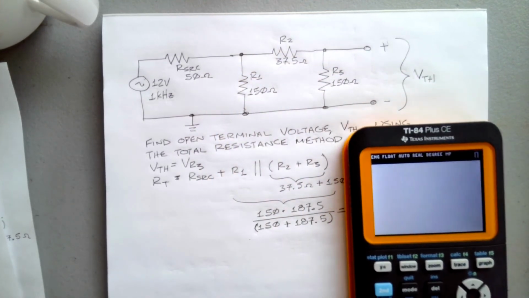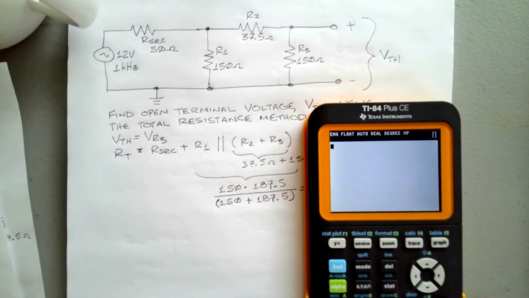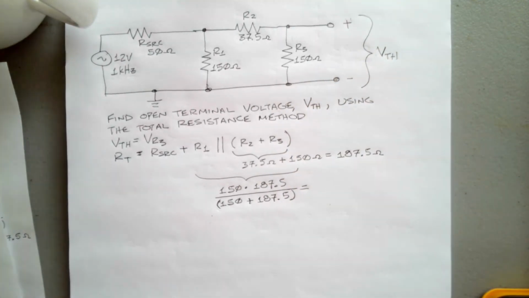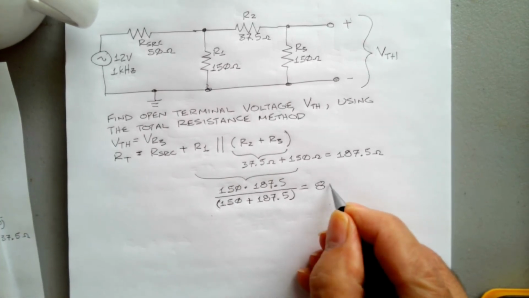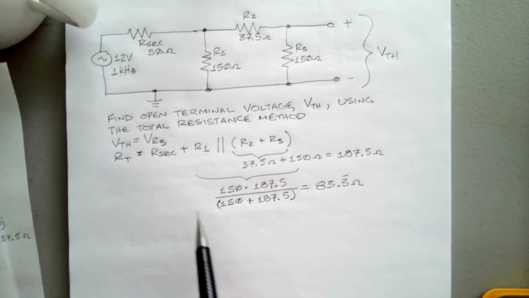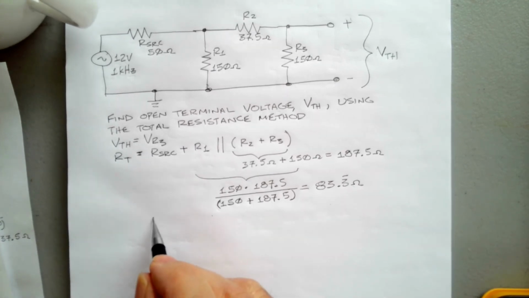And it appears that we're going to get 83 1/3 ohms, so we'll call it 83.3 ohms.